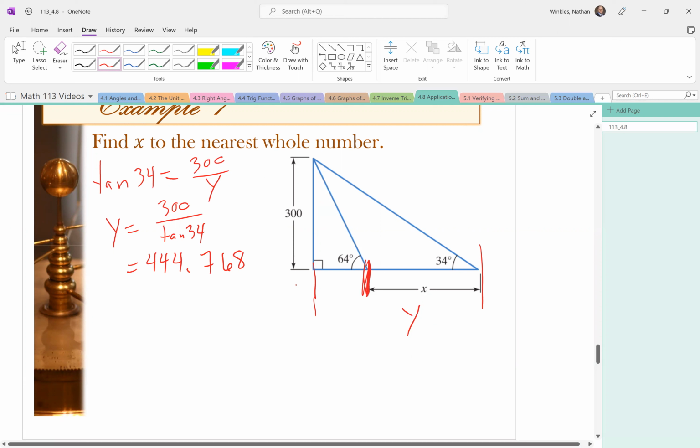I like working with right triangles, so that's why I did it the way I did. So now I need to find this. So how about tangent of 64 is equal to 300 over, I'll call this z. So z equals 300 divided by tangent of 64.